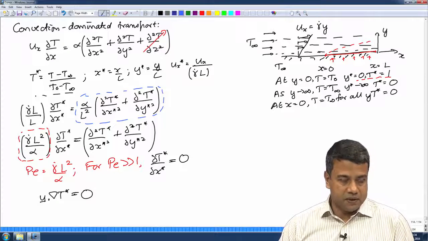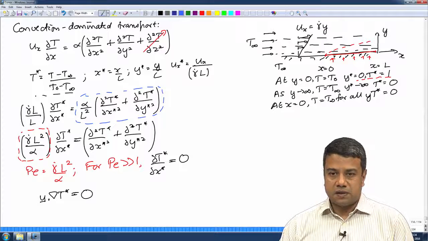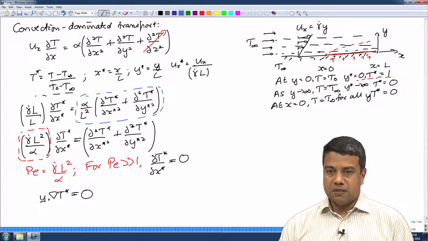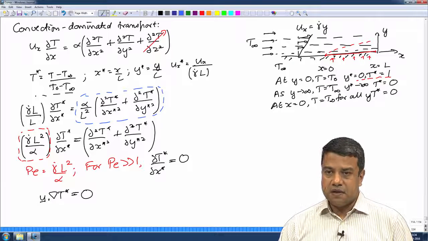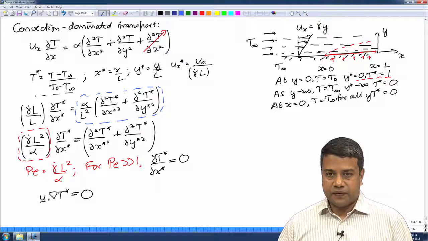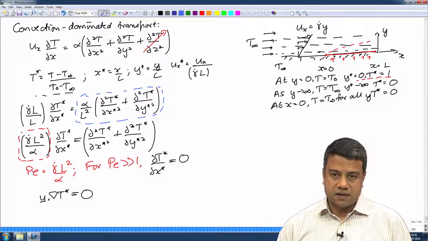Even in that case, there will be diffusion, but it will be restricted to a thin region near the surface, because whatever is coming out of the surface is getting swept away downstream very fast due to the fast flow. Because of this, the temperature disturbance will be confined to a thin region near the surface.